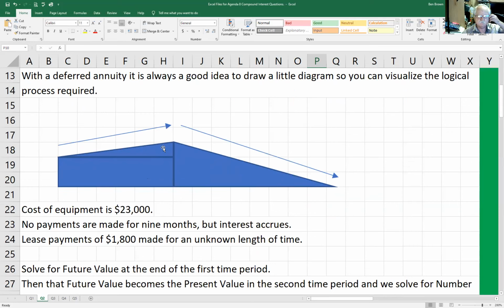We start by borrowing the 23,000. We go for a period of time where we don't make any payments. So this is not an annuity. It's just finding the future value of a sum of money. And then we have the annuity question where we have to deal with the payments.